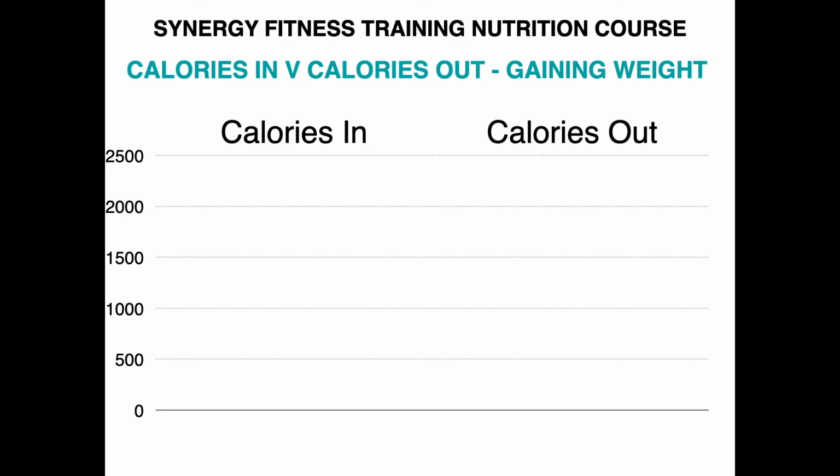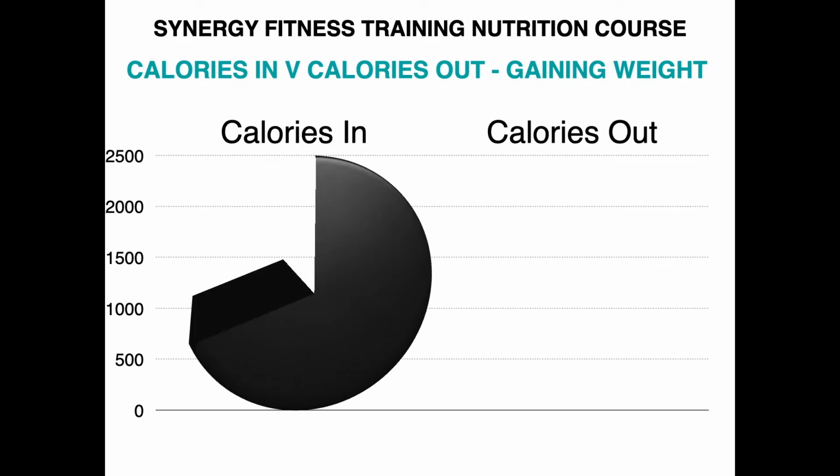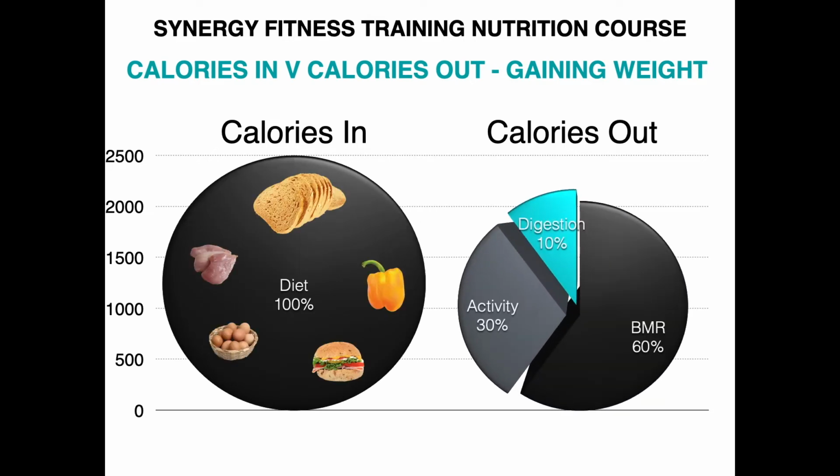Let's now turn our attention to an example of gaining weight. As we know, this is when our calories in exceeds our calories out. Although the percentages of the parts of the calories out circle remain the same as they were in the previous slide, overall the total sum of calories used only adds up to around 2,000 calories instead of 2,500, hence why weight is gained.